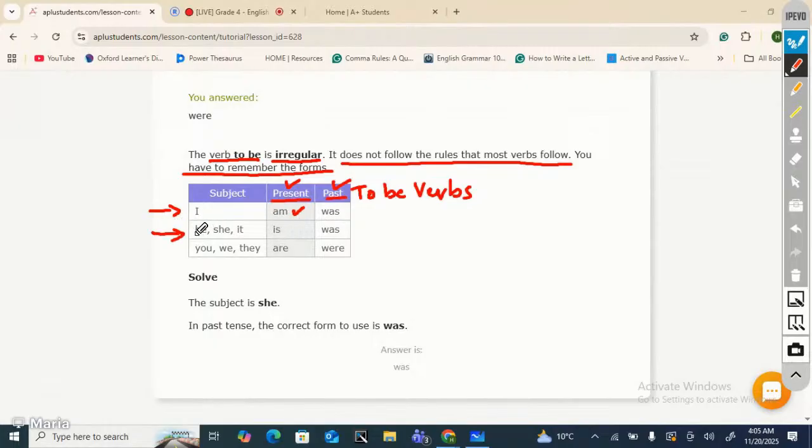If the subject is he, she, or it, use is. In present tense, use is. If the subjects are you, we, or they, use the present tense form of the verb to be, are.